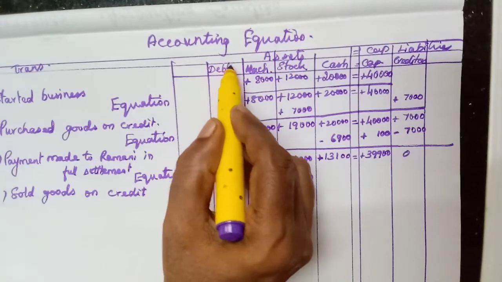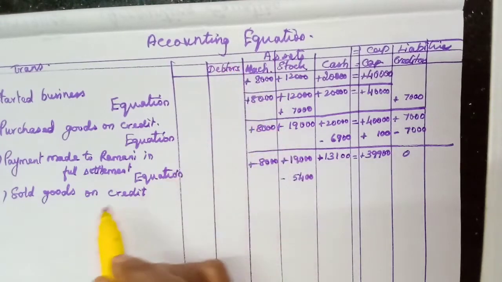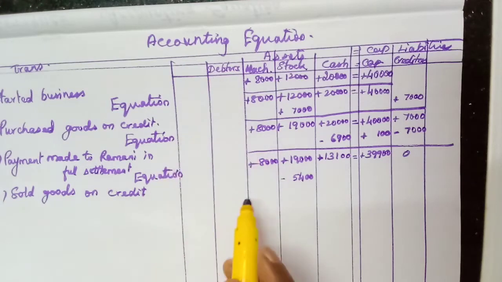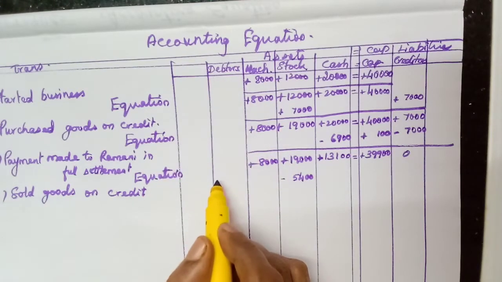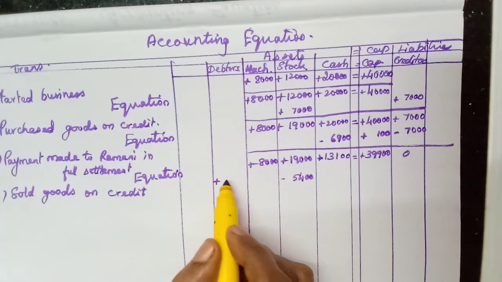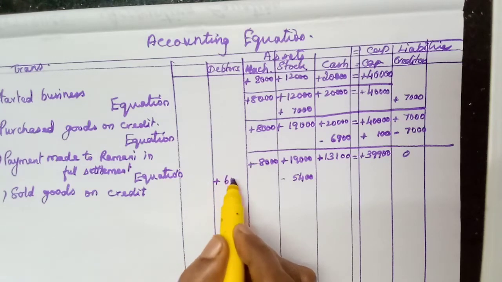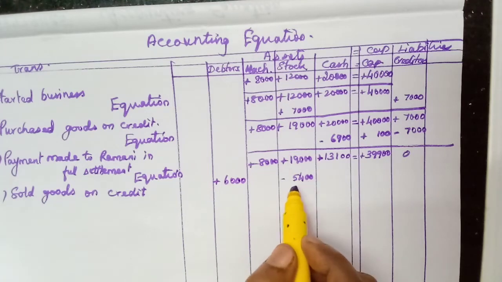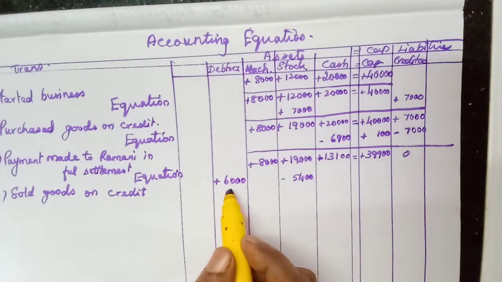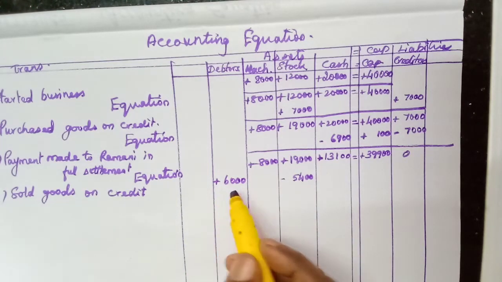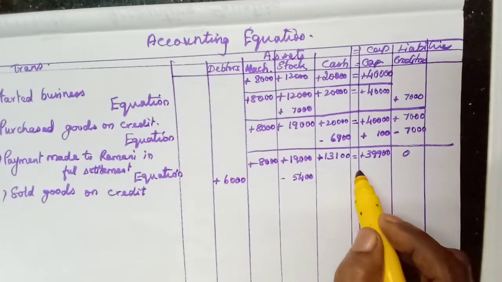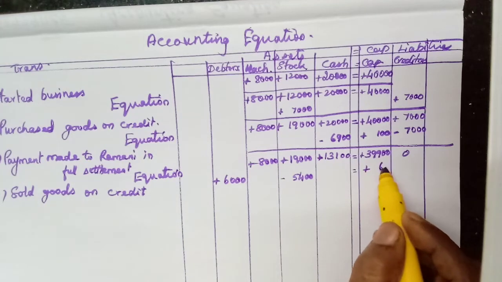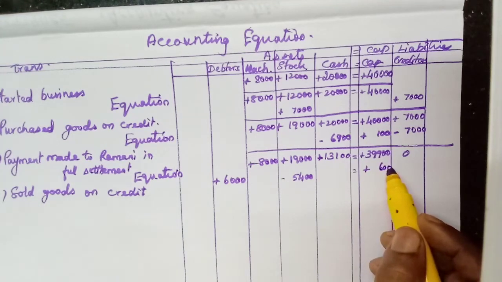You have learned, isn't it? So if we sold goods on credit to which person? Rajan, that is called debtors. So it will increase. How much? 6,000. Here 6,000. Cost is 5,400, we are selling for 6,000, so 600 is the gain for the company. So we have to write here plus 600.